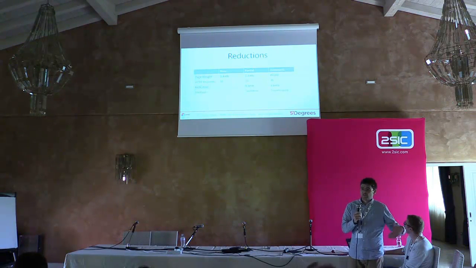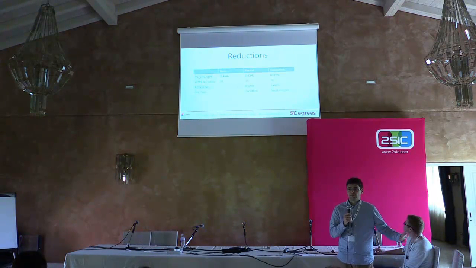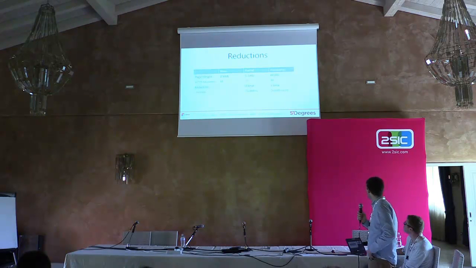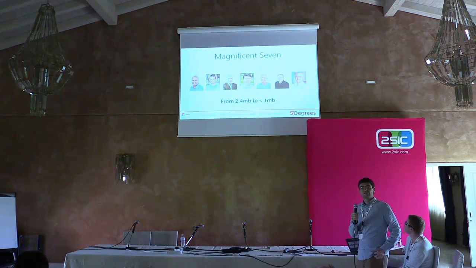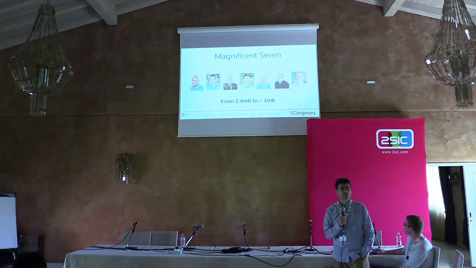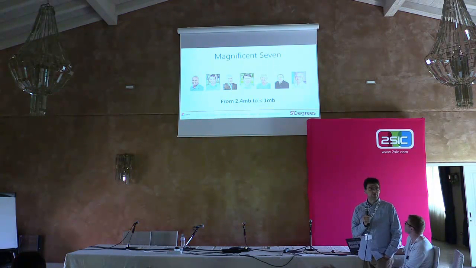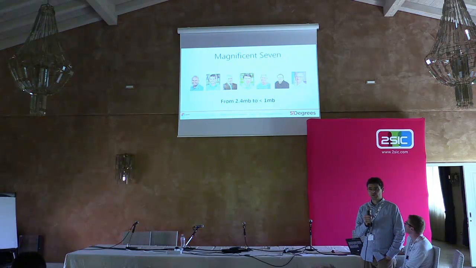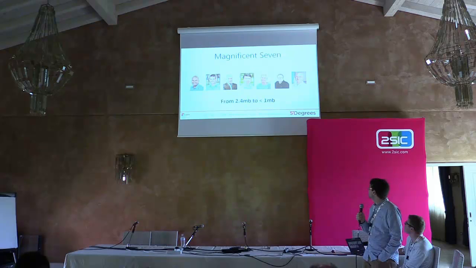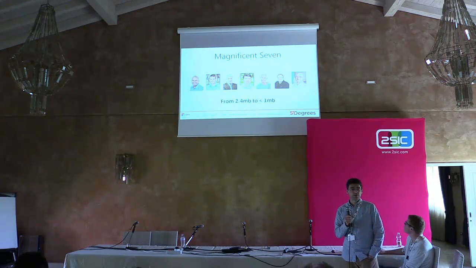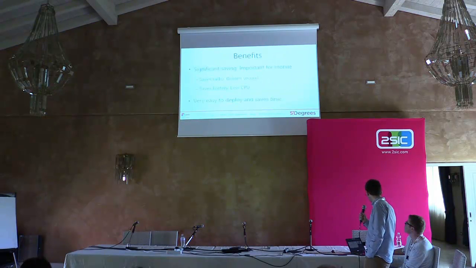So as the devices get smaller and smaller, the amount of data that they have to receive is reducing as well. So we've managed to get our Magnificent 7 from 2.4 megabytes in size down to under 1 megabyte, just with those simple changes. So we're saving about 60% of the cost of receiving that page just by making those changes.